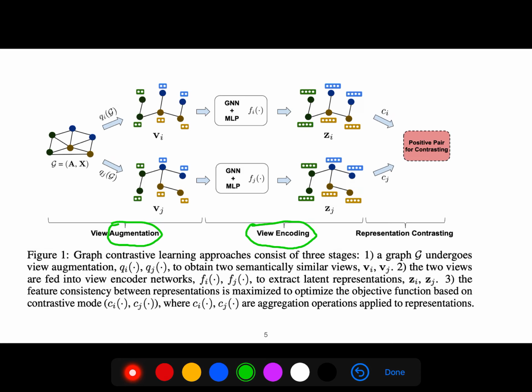The feature consistency between representations is maximized to optimize the objective function based on contrastive mode, where C sub I and C sub J are aggregation operations applied to representations.